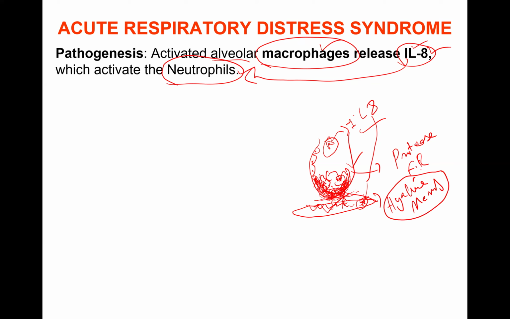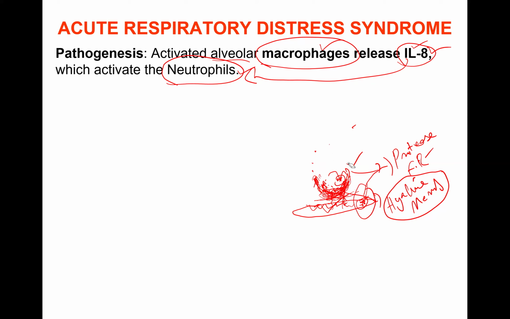So what we understood simply: macrophages release interleukin 8, interleukin 8 activates the neutrophils, neutrophils release proteases and free radicals to cause damage to the alveoli and leakage of capillary proteins. Good.